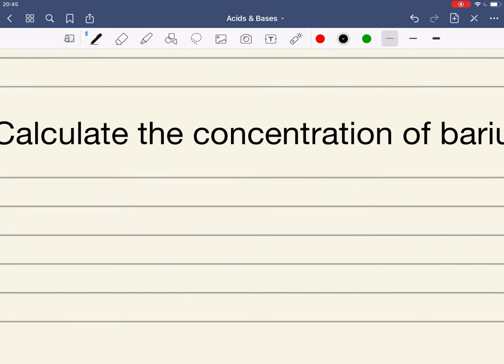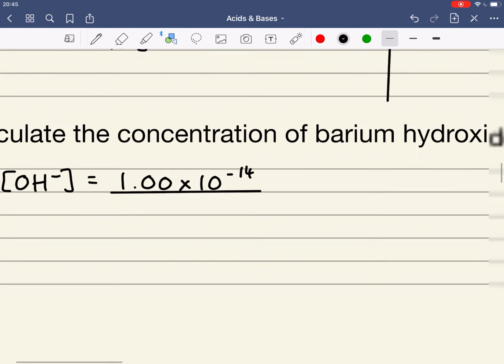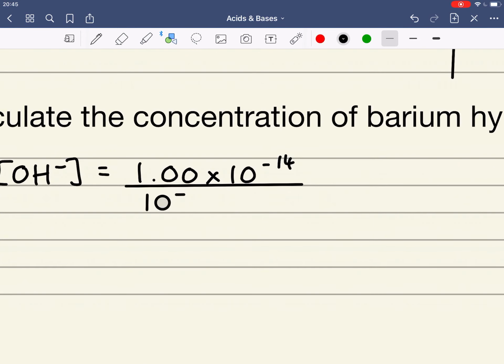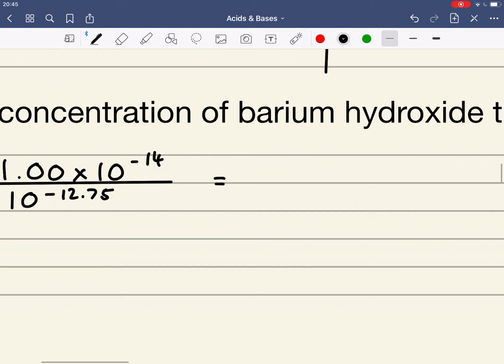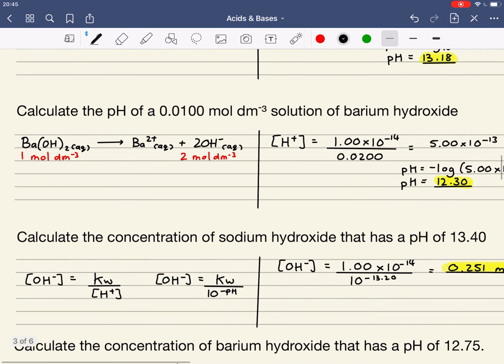So my hydroxide ion concentration is equal to 1.00 times 10 to the minus 14, that's my Kw, divided by the pH, which is 12.75, so it's 10 to the minus 12.75, and that should give me an answer of 0.0562 moles per decimetre.